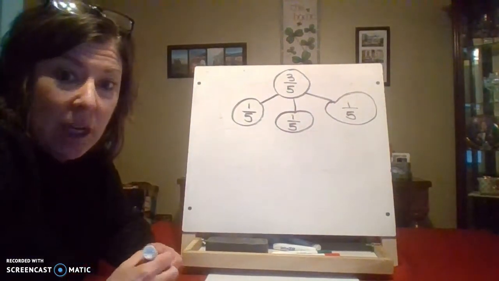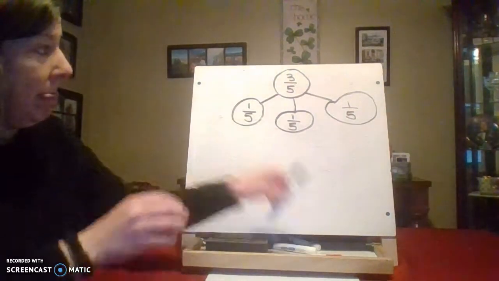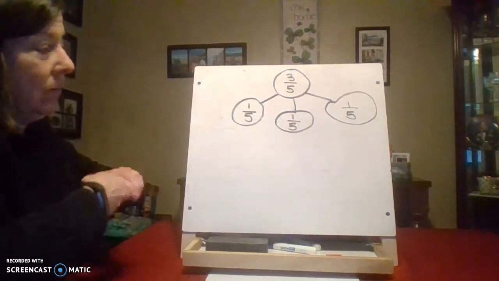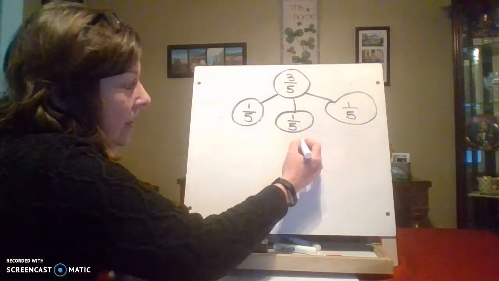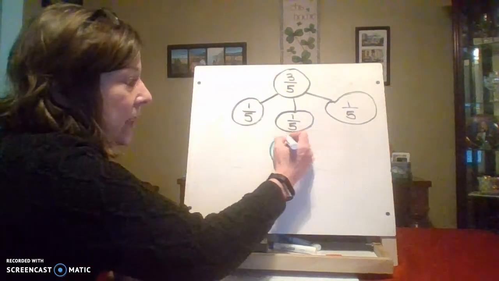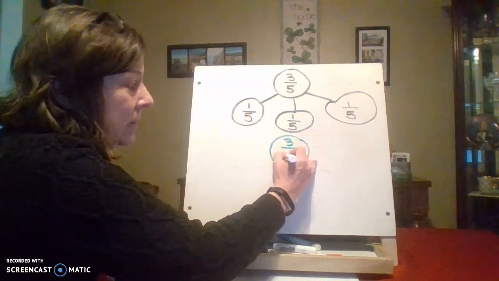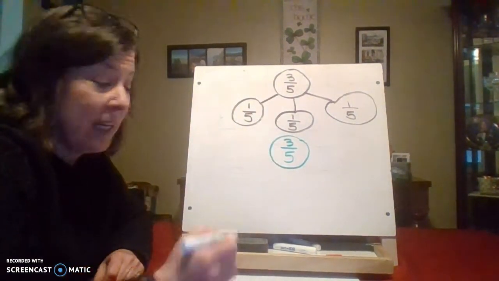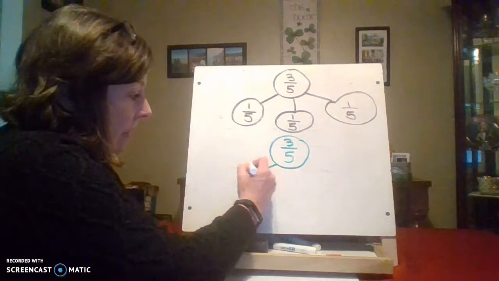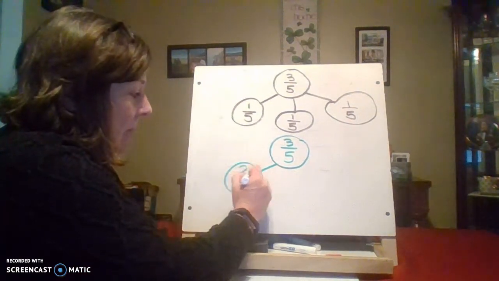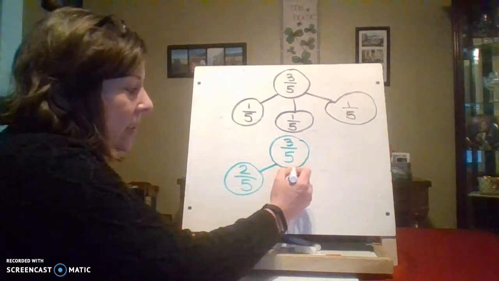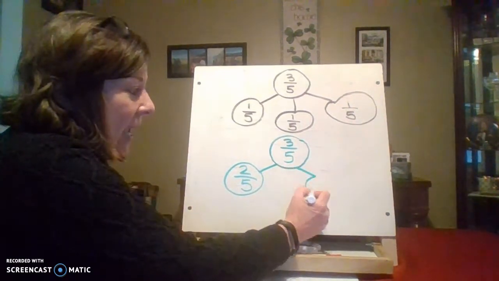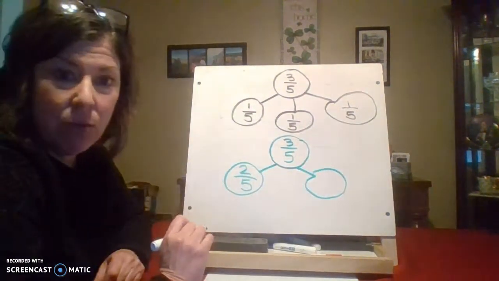However, maybe I'll change it up a little bit. Still working with that 3/5. If I don't use unit fractions, maybe I'll work with 2/5 and think, how many more do I need to have 3/5?